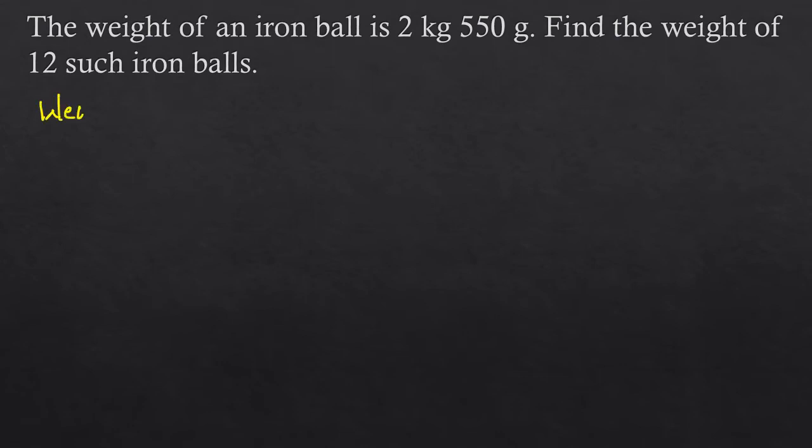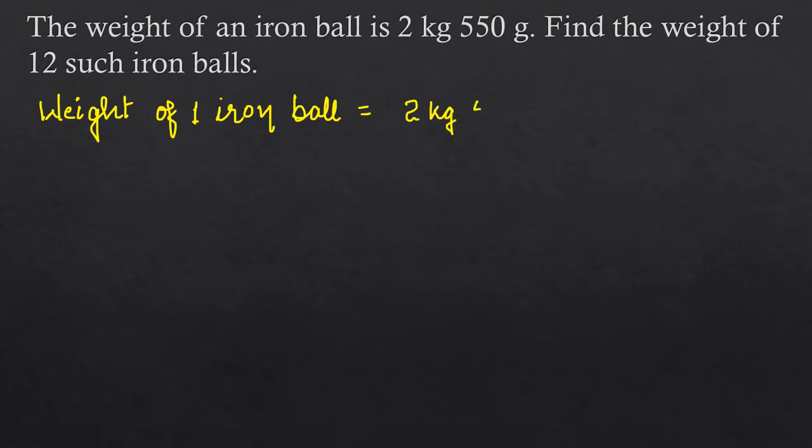Weight of one iron ball is equal to 2 kg 550 gram.